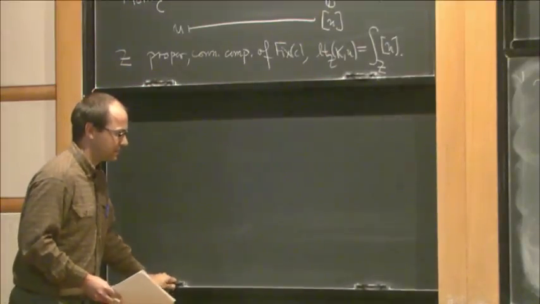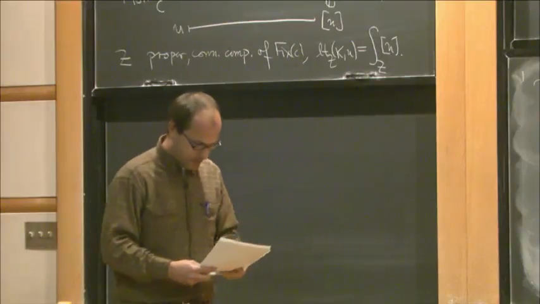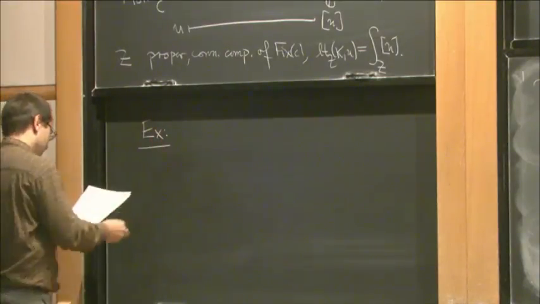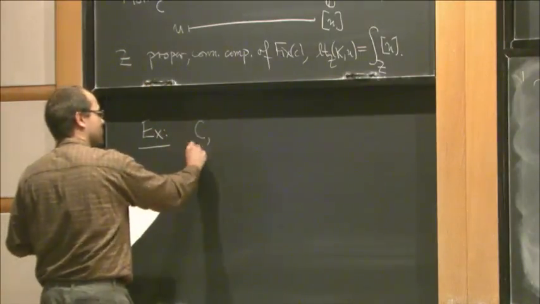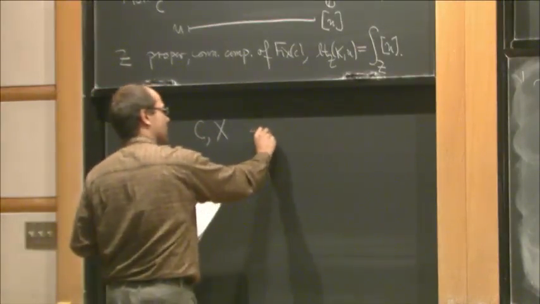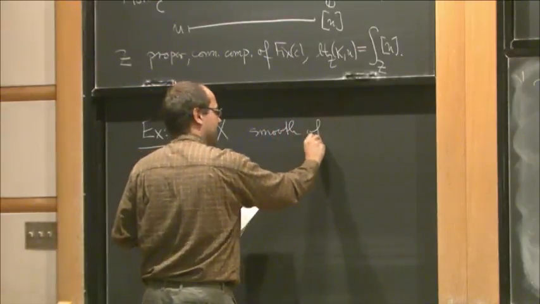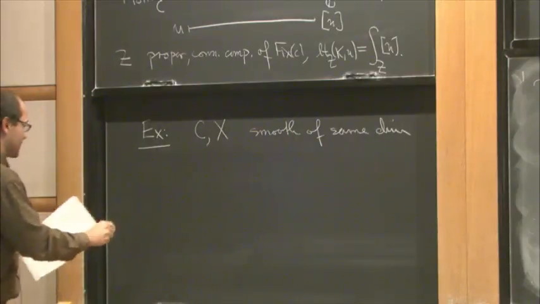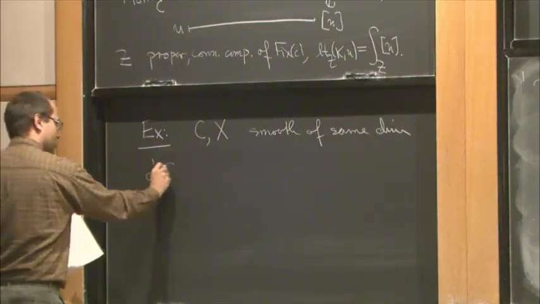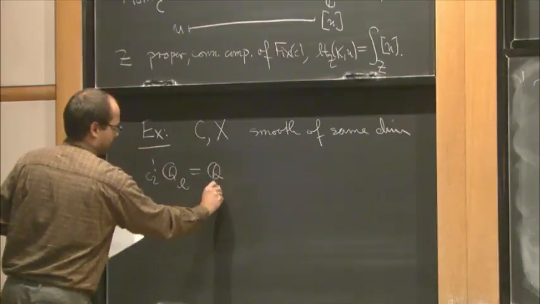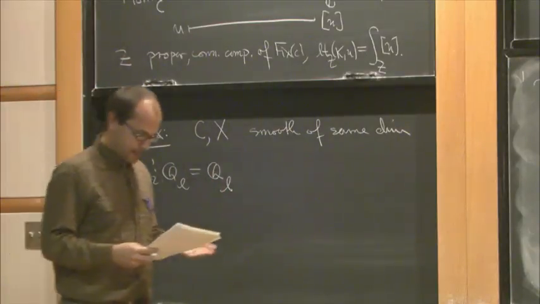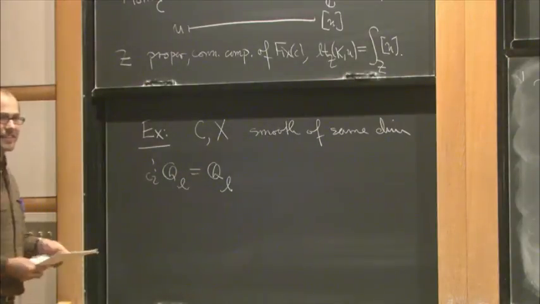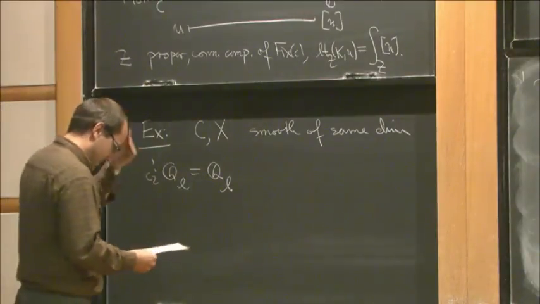But before I do that, let me mention an example where everything goes great: if C and X are smooth of the same dimension. Then C_2^* Q_L is just Q_L canonically. And so there's a natural map staring at you, namely the identity map. You have to worry a little bit about this identification.